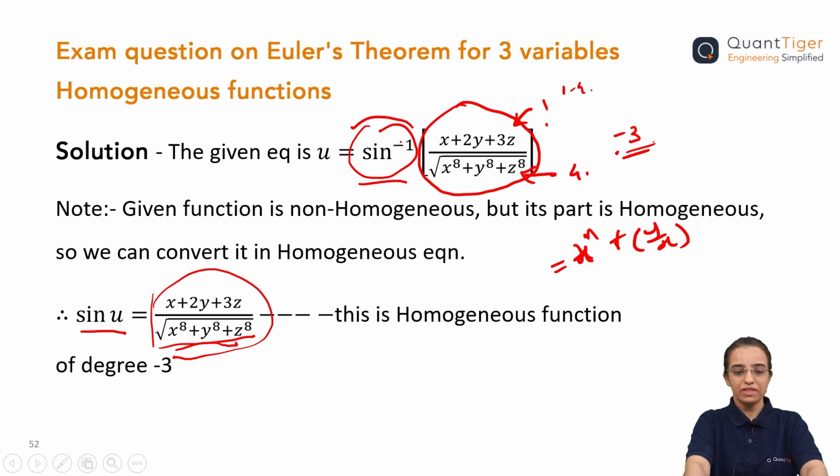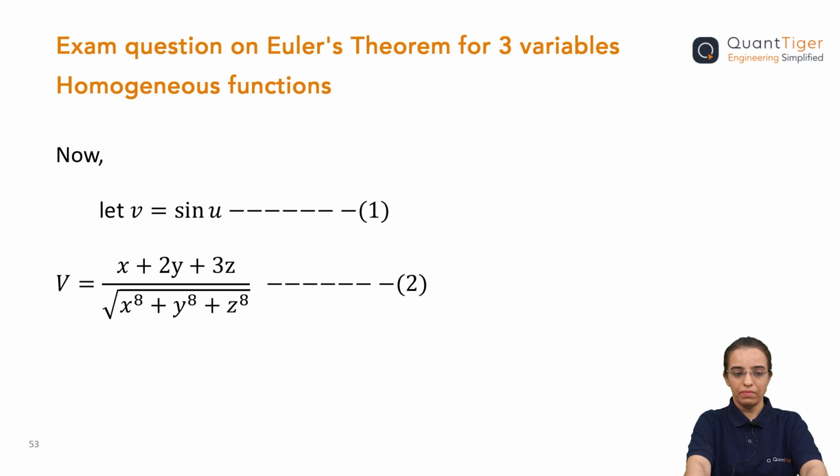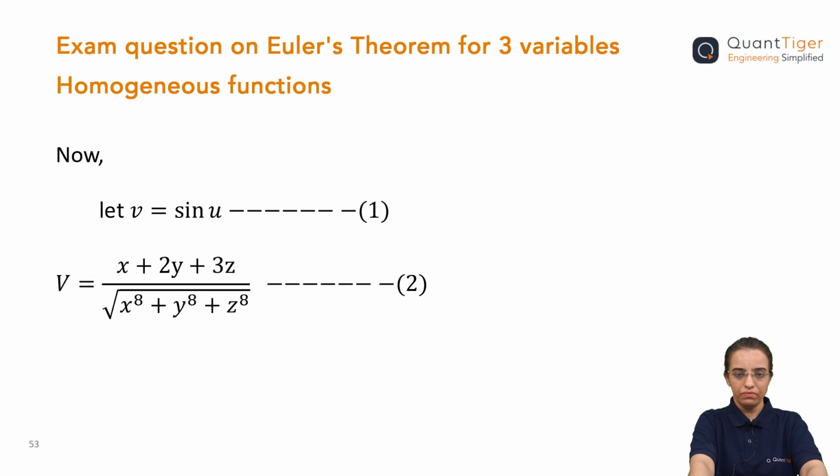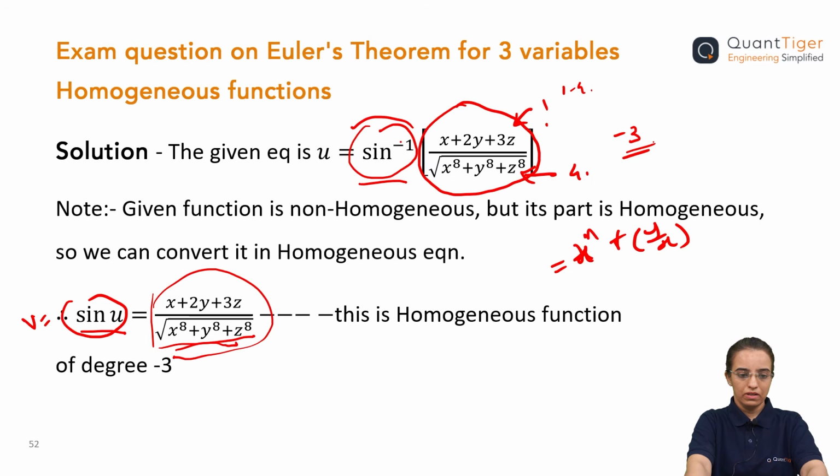Now since the function is homogeneous, we can apply Euler's theorem for it. Before I apply Euler's theorem, I will call this v, so that we can solve it clearly. So that's what we have written. v is equal to sin u. I have considered it as equation 1, and we consider v as equal to this given function.